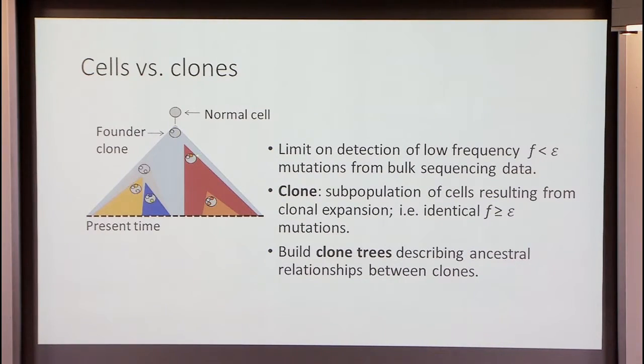So we cannot think of constructing a tree on individual cells, but maybe at best constructing a tree on what we might call clones, which are groups of cells that have all undergone the same clonal expansion. We can only really detect mutations that are in some modest frequency of cells. So really we're going to build these clone trees that describe the relationship between clones.